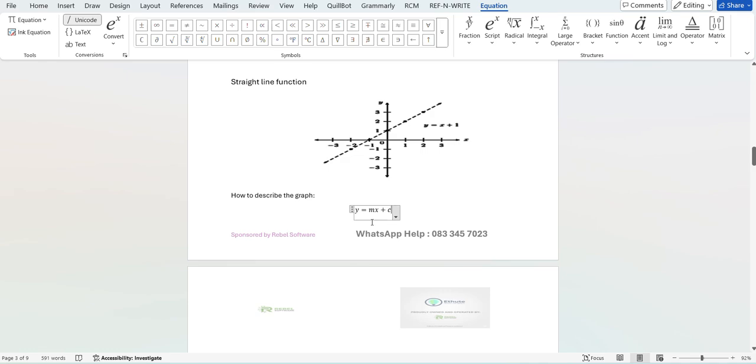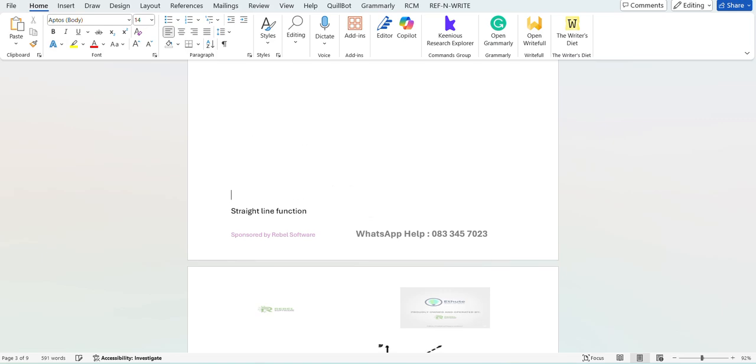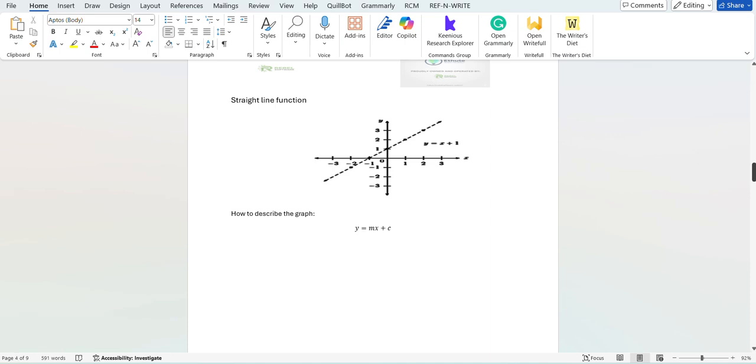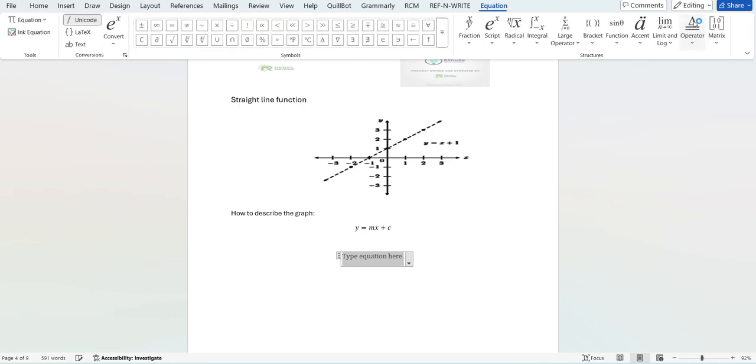So here let's try to show you how you work with the straight line. Let's calculate the intercepts using the formula. As I said, for the y-intercept, x has to be 0.